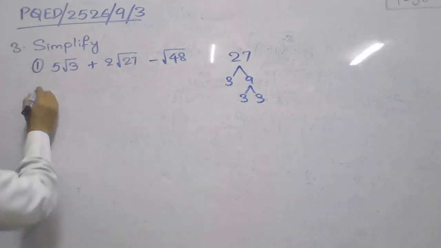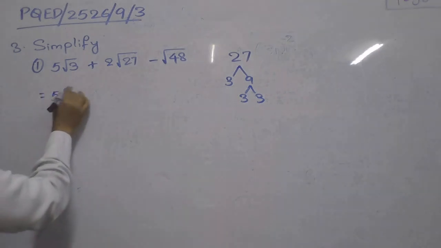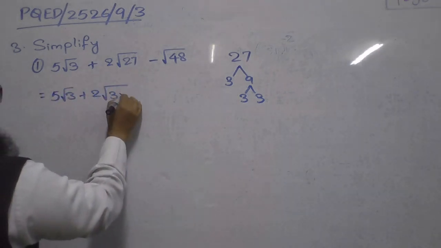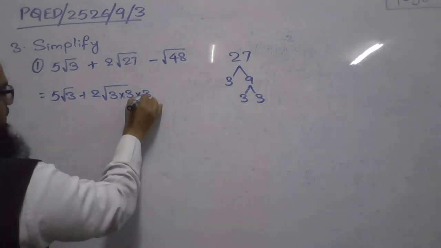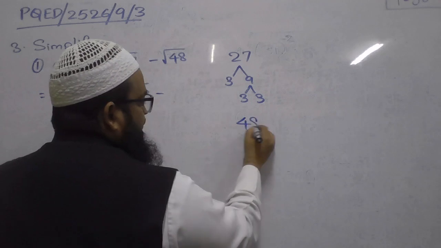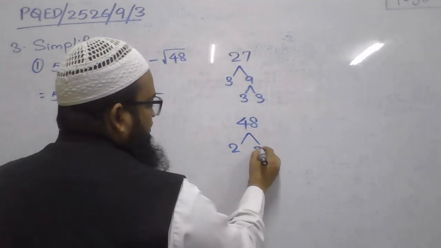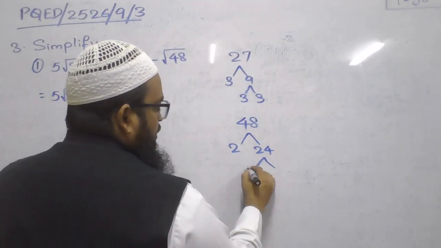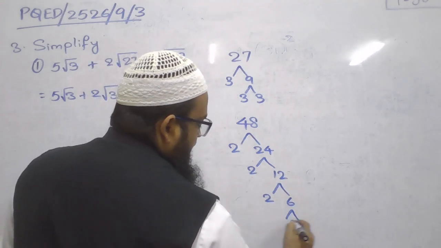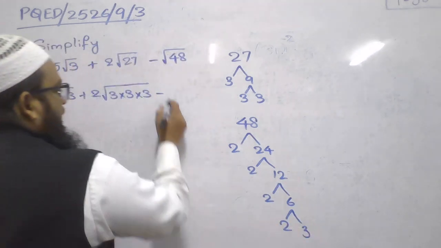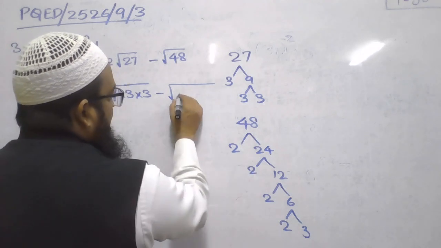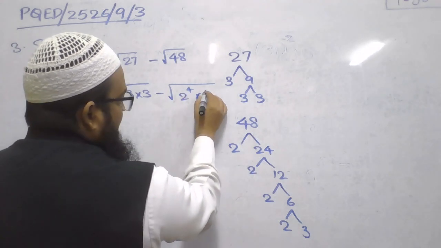So can I write it as 5 root 3 plus 2 root 3 times 3 times 3 minus, how will you write 48? Here 2 how many times? 2 twenty-fours, 2 twelves, 2 sixes and 2 threes. So it can be written as 2 to the power of 4 multiplied by 3.